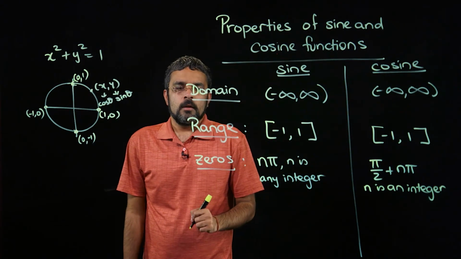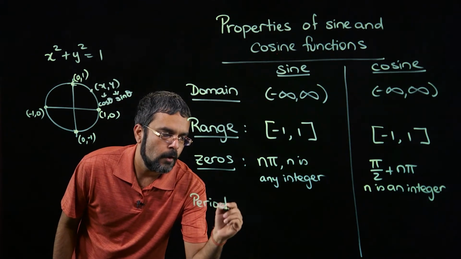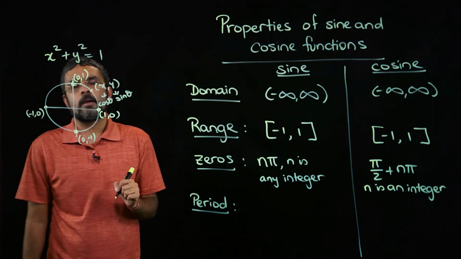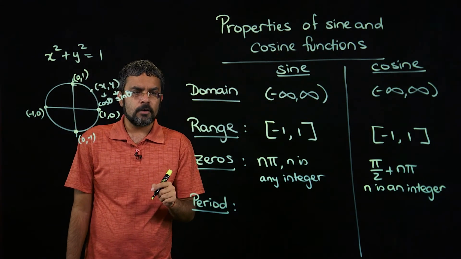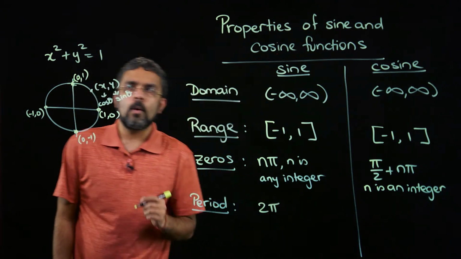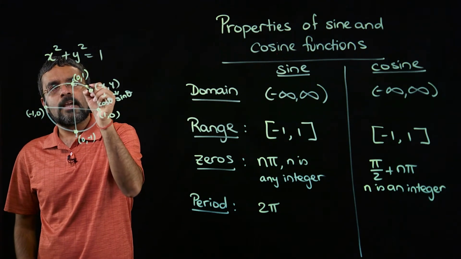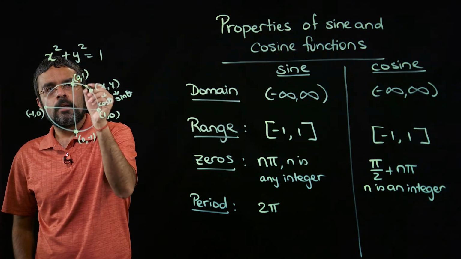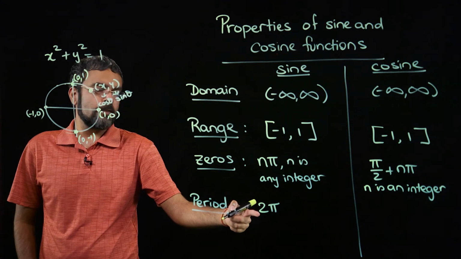And then what is the period of my sine function, and what is the period of my cosine function? The period of my sine function is 2 pi. Why? Because think about this point: all my sine values are different until I get back here. So the period of my sine function is 2 pi.